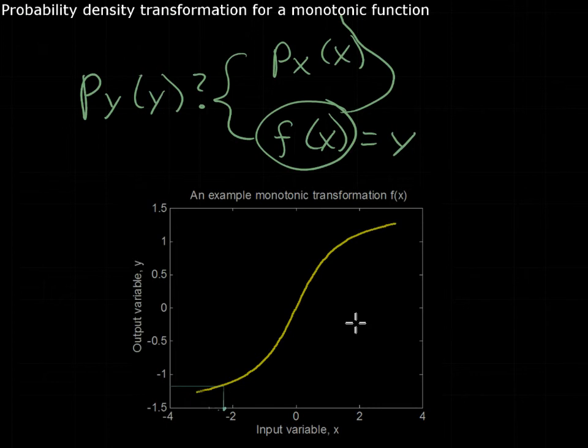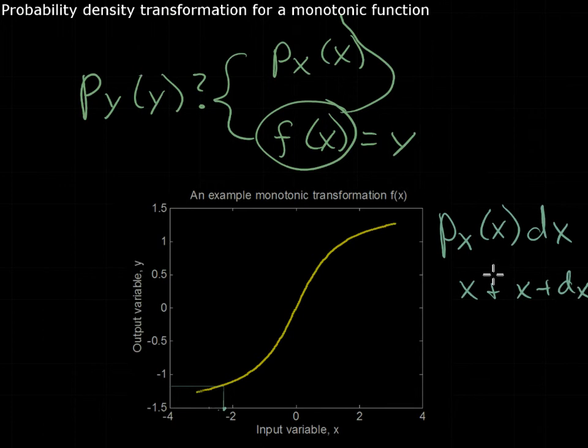So anyway, the fundamental relationship at play in mapping densities is, I guess, more of a variation of common sense. Namely, if you've got some chance p_x of x times dx that x has some value between x and x plus dx, then that is what will map to the y-axis.